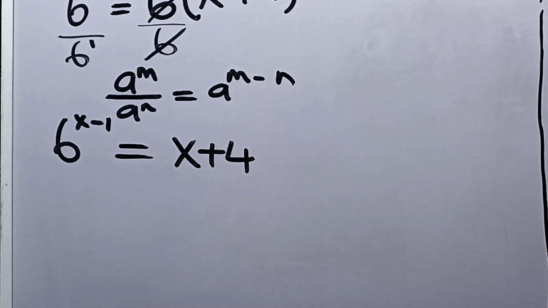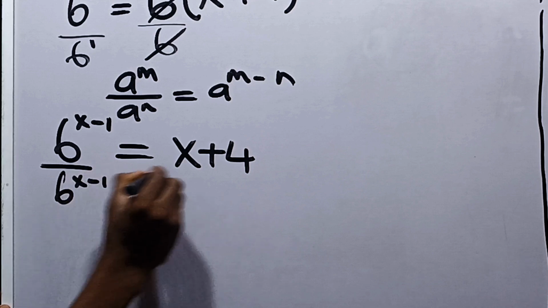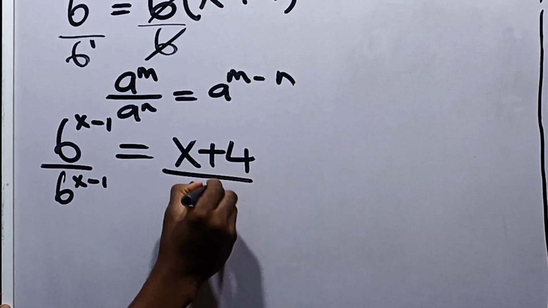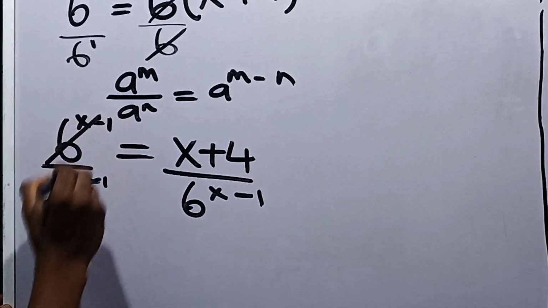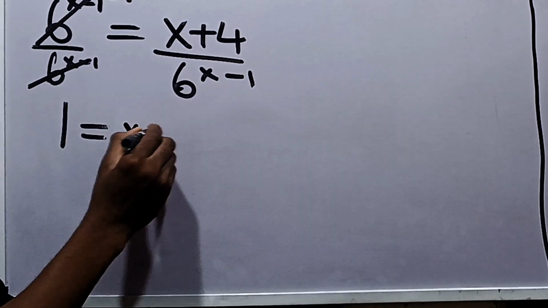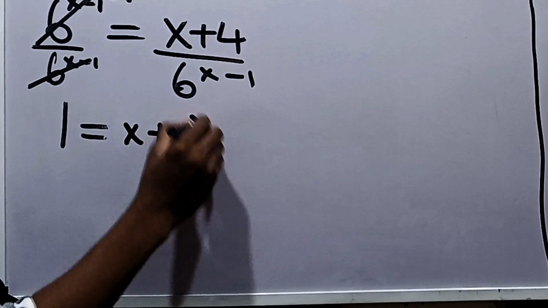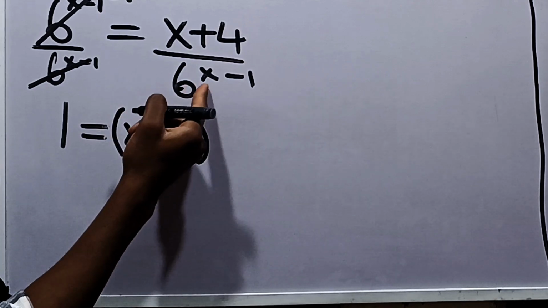Now at this point, let's divide both sides by 6 raised to the power x minus 1. So we have 6 raised to the power x minus 1 divided by 6 raised to the power x minus 1, so that we have 1 equal to x plus 4 multiplied by 6 raised to the power x minus 1 inverted.